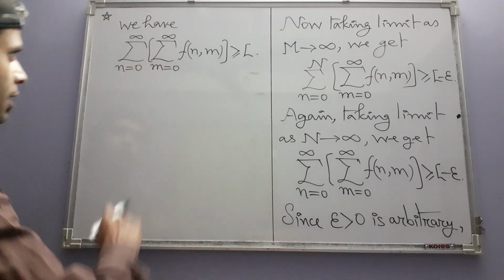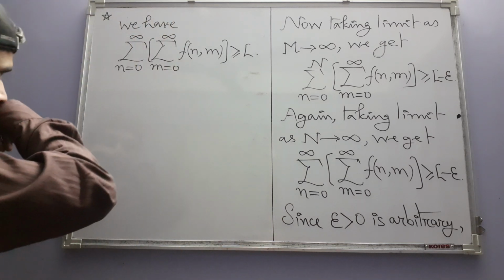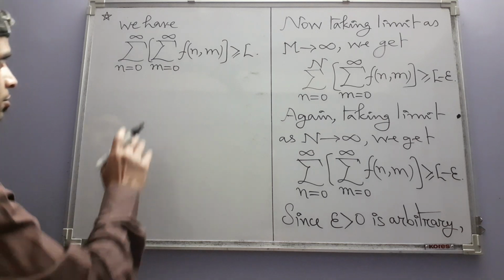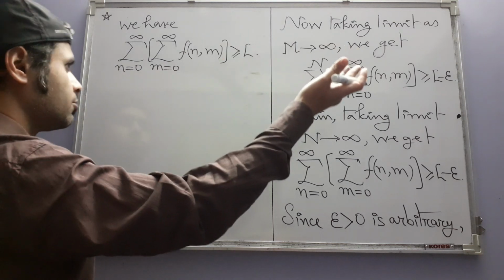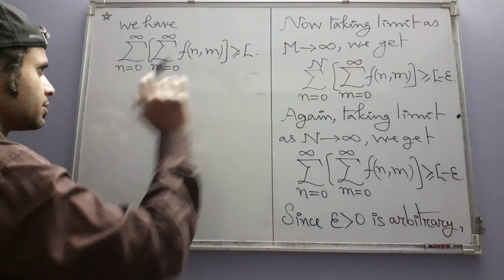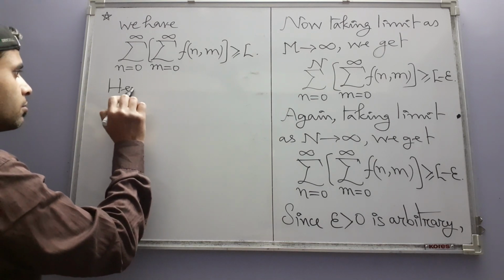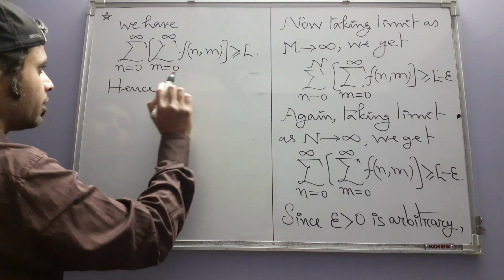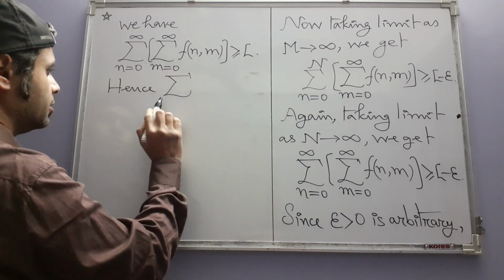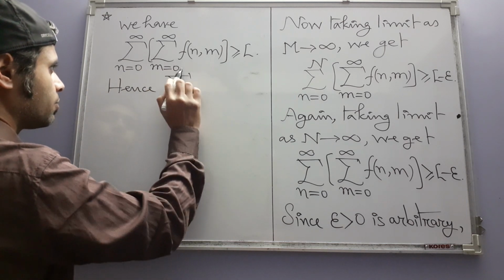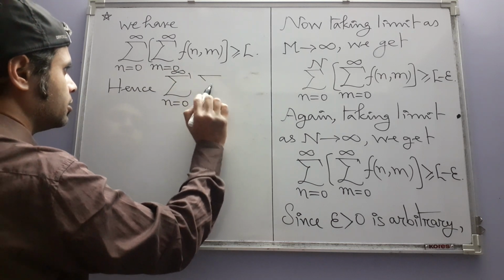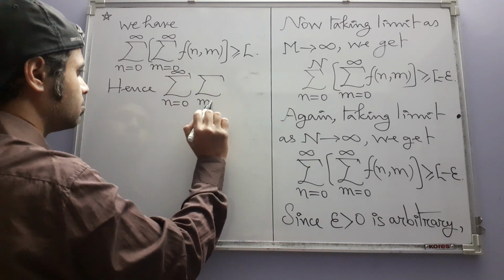Okay, so we now have this. Combine this with the other inequality that you proved, that this is less than or equal to L, and we get equality. That was our contention. That's what we wanted to prove.